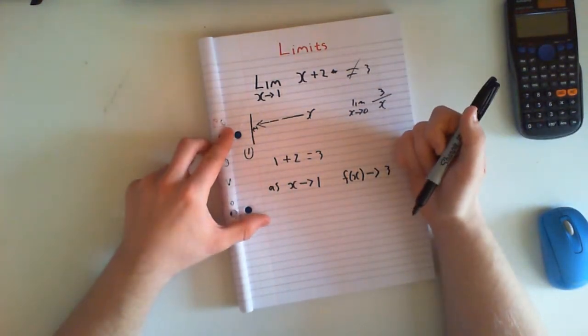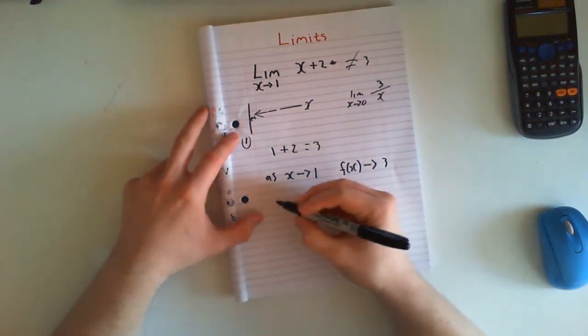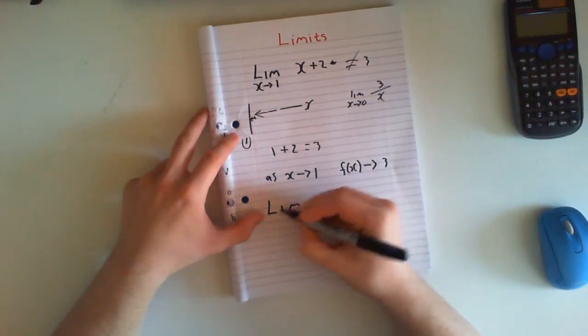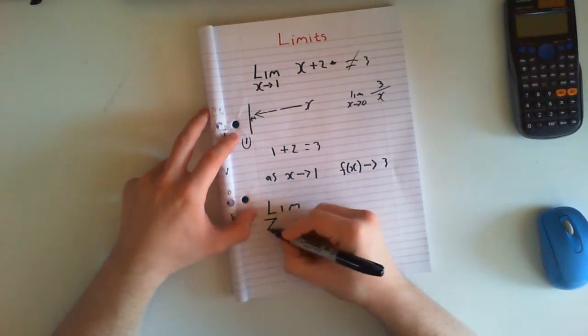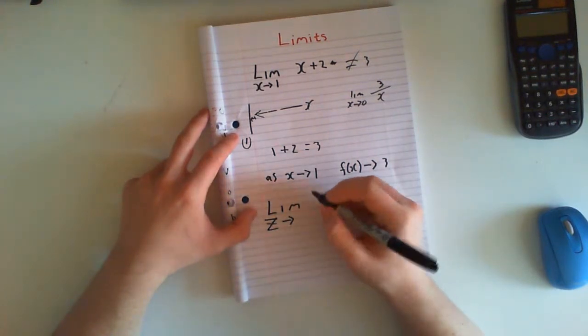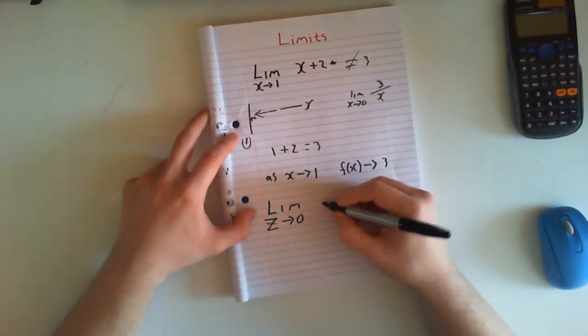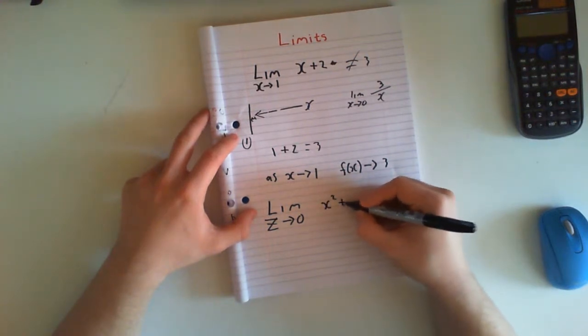We'll give another example of another limit. Let's take the limit as z approaches 0 of x squared plus 2x plus 4.